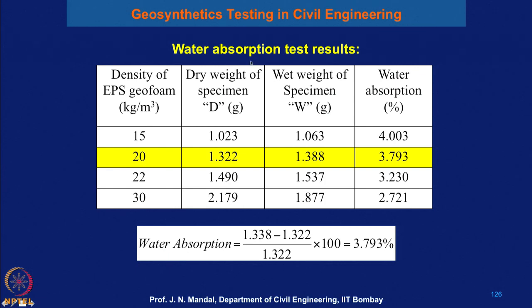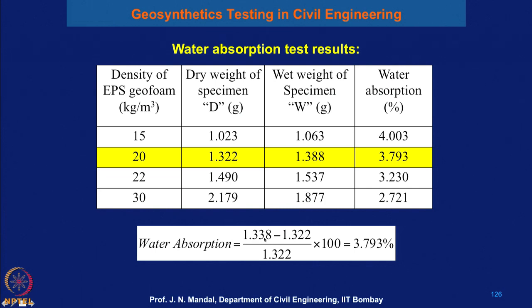This is the dry weight of the specimen D in gram, and for 20 it is 1.322. Then you immerse it for 24 hours, and the weight of the specimen is 1.388 gram. Knowing the weight and dry weight of the geofoam material, you can determine the water absorption capacity.